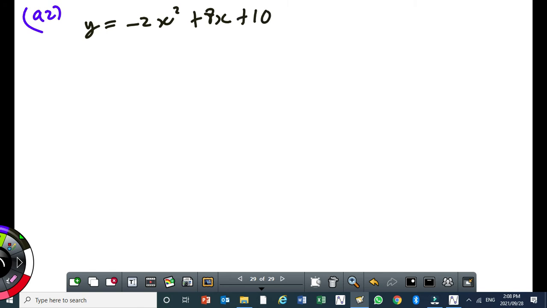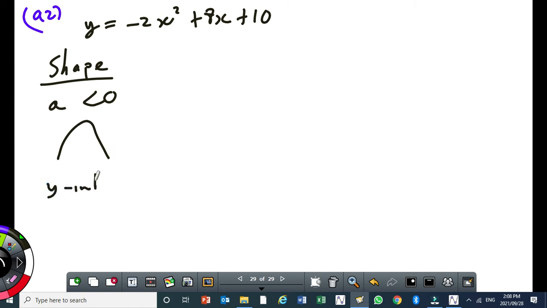Alright. So first thing, let's determine our shape quickly. Our value of a there is negative, so the graph is going to have a maximum turning point. Then the y-intercept, remember we can find this by substituting x equal to 0 or by inspection.